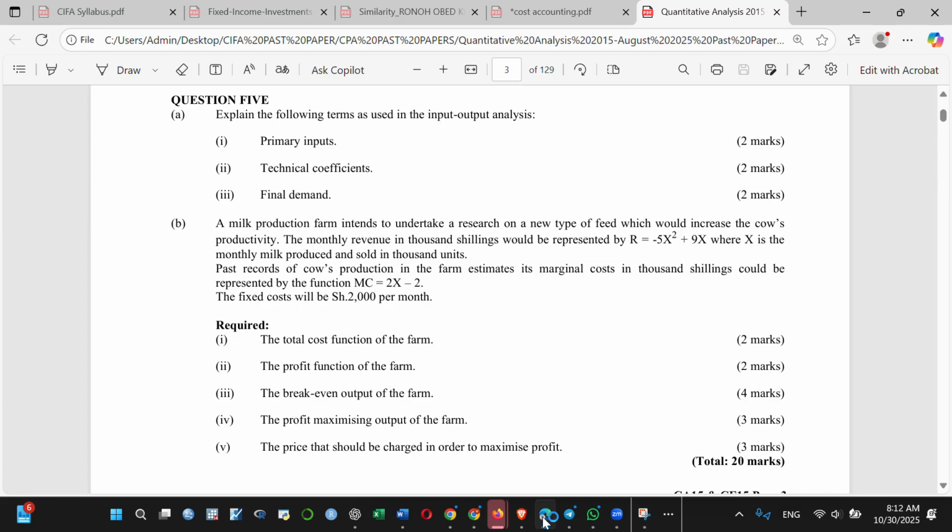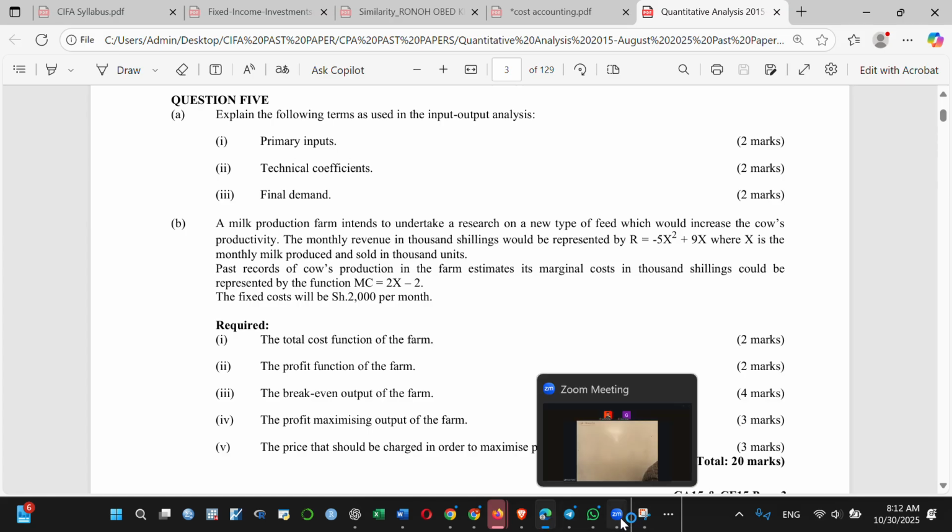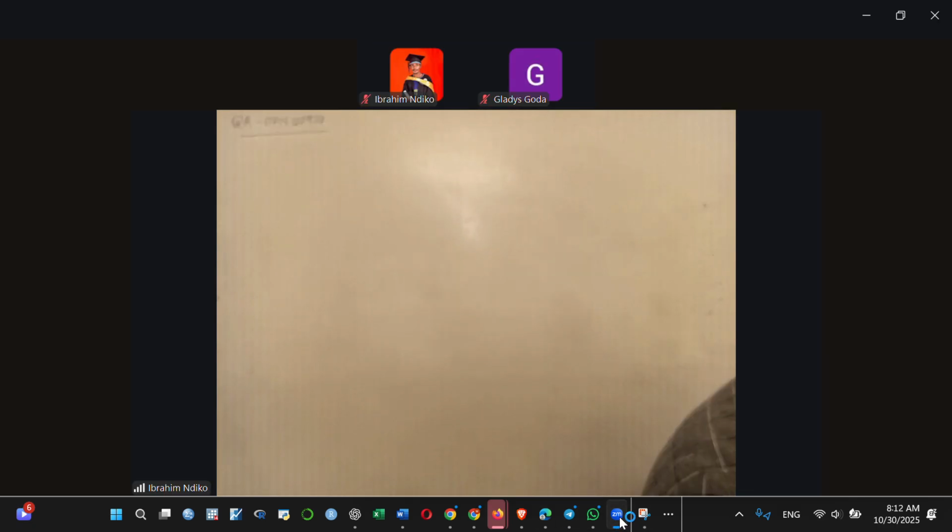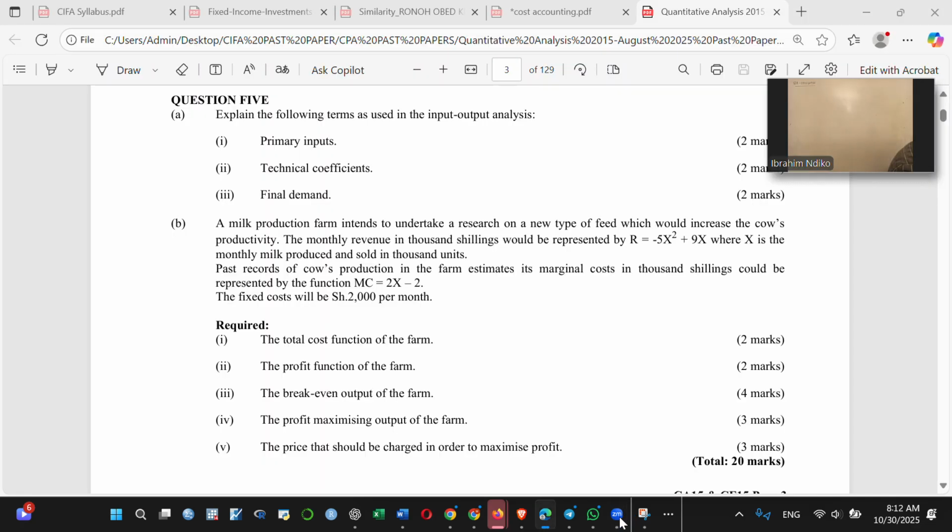So hopefully it is visible. So total cost function is the first requirement.